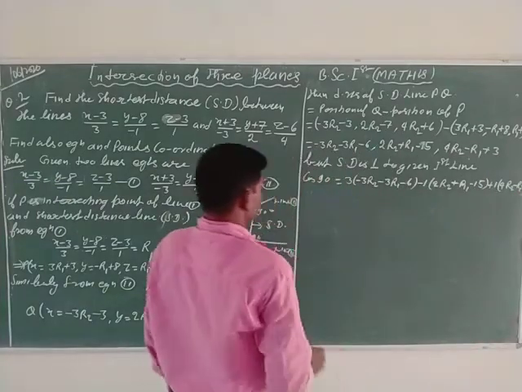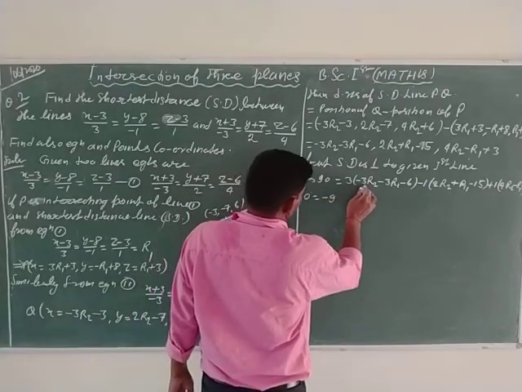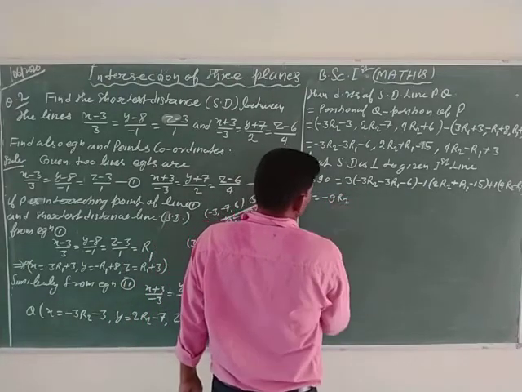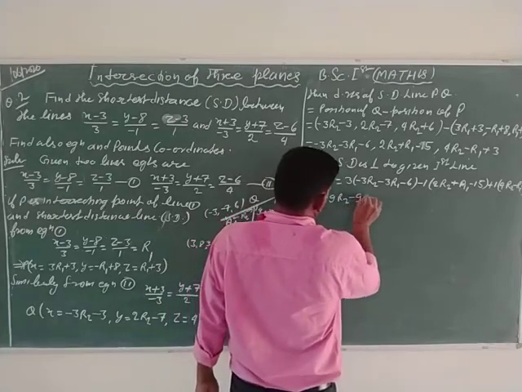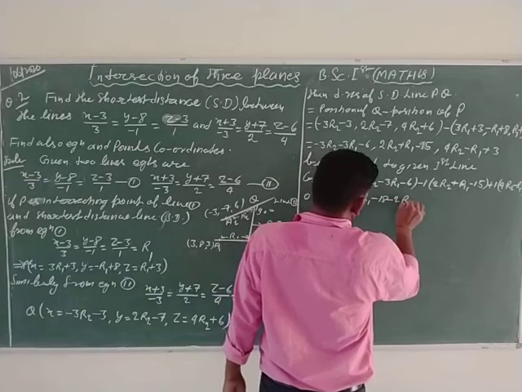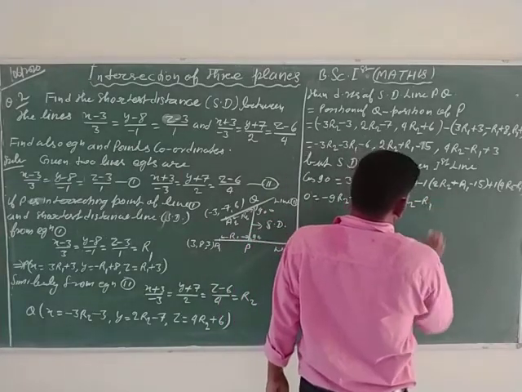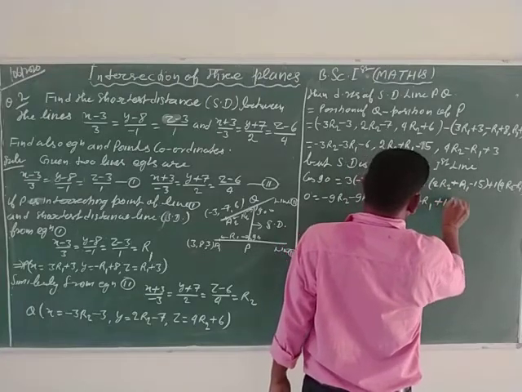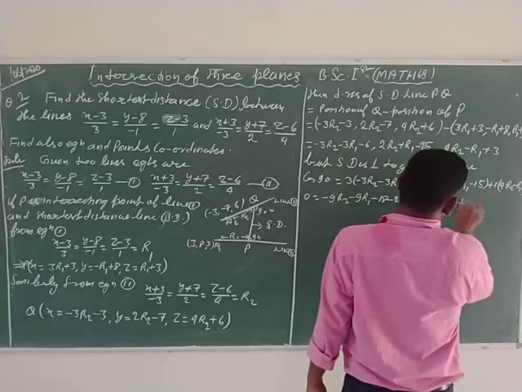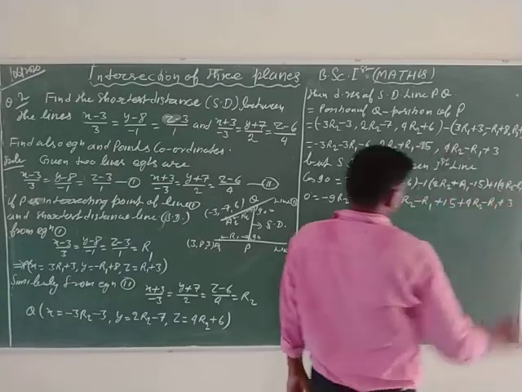You know that cos 90 is equal to 0, so 0 is equal to minus 9 R2 and minus 9 R1 minus 18, minus 2 R2 and minus R1 plus 15, and at last 4 R2 minus R1 plus 3.